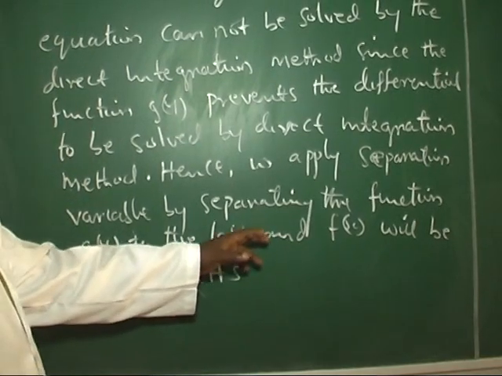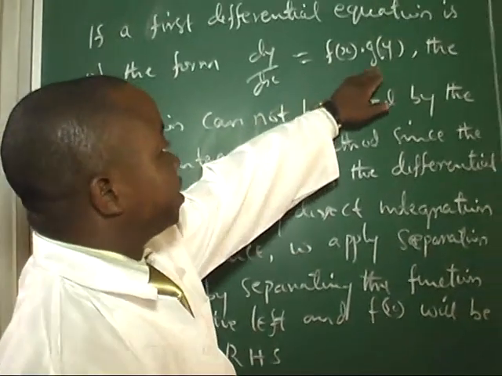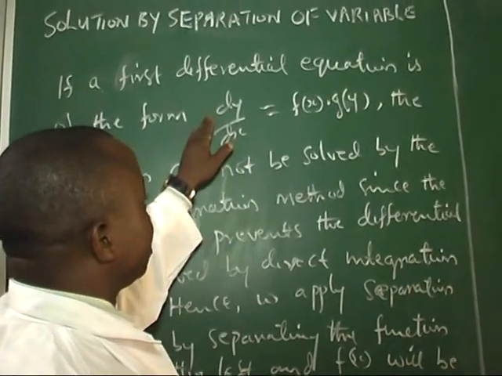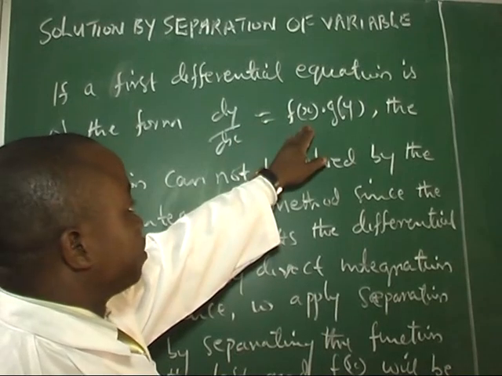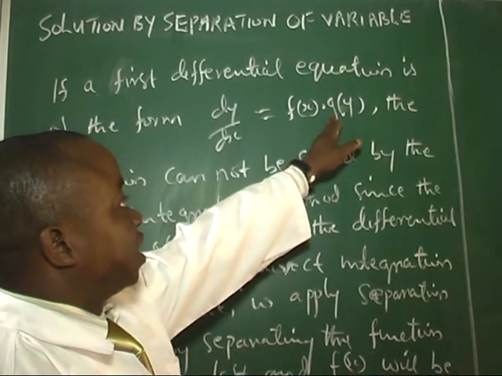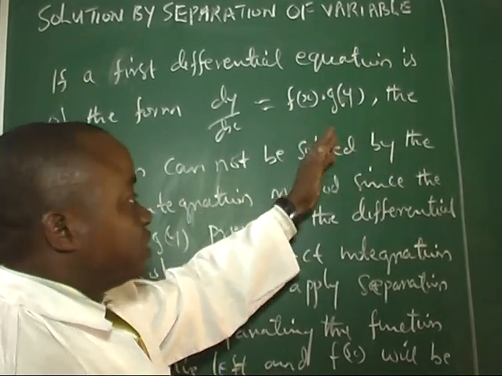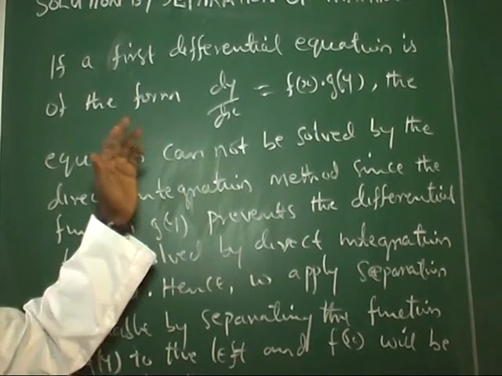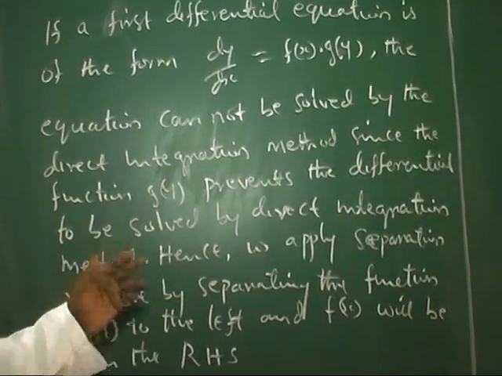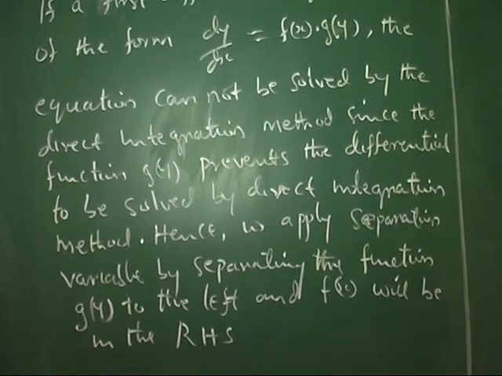So if we do that, we can separate here to come to this side, and then f of x will be here, and then the dx will also come this way. So in that way, we can now solve it by direct integration.